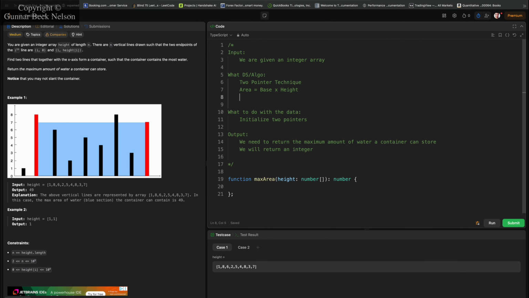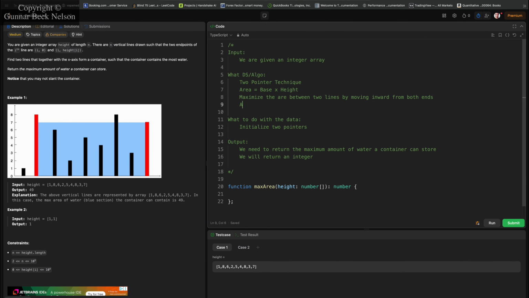What we need to do, within our given area for two pointers, is maximize the area between two lines by moving inward from both ends, as indicated by the two pointers. We go from one end of the array to the other end, and then we always move the pointer pointing to the shorter line closer.